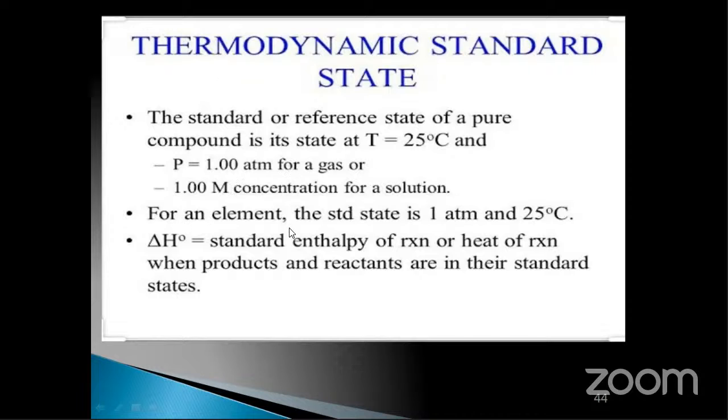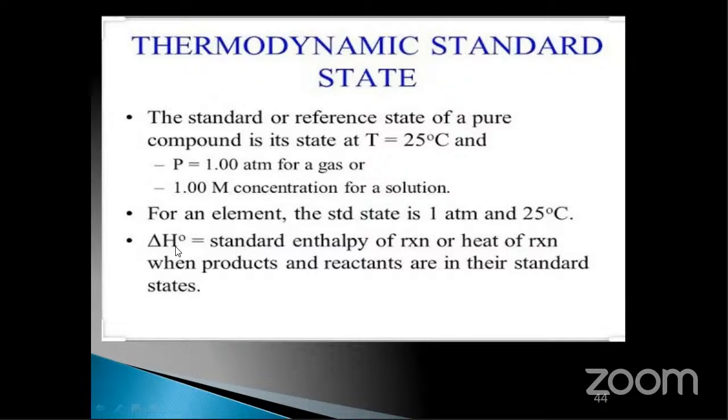For an element in the standard state, 1 atmospheric pressure, 25 degrees centigrade temperature, delta H means the difference between the enthalpies of the product and reactant. It is indicated by delta H0, which is the standard enthalpy of the reaction.